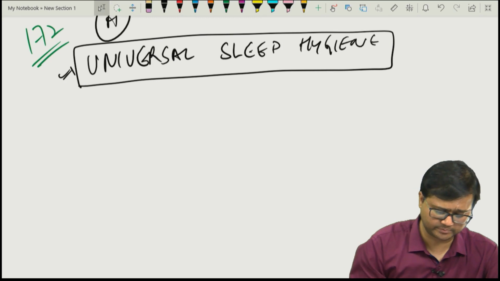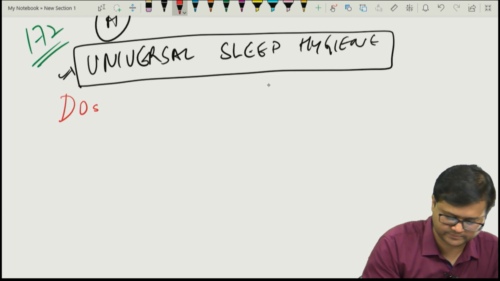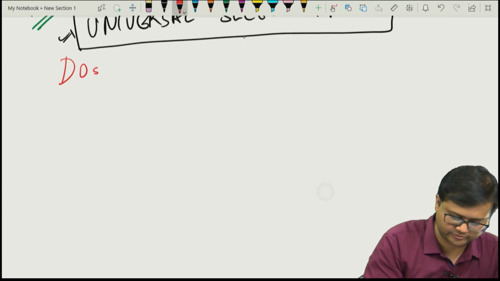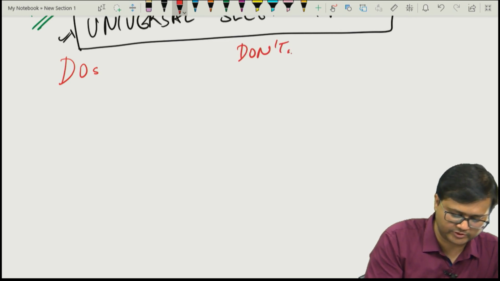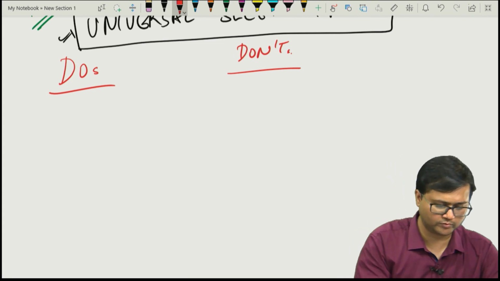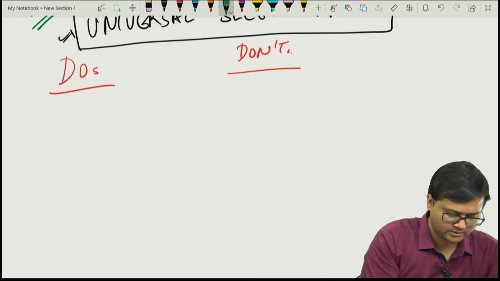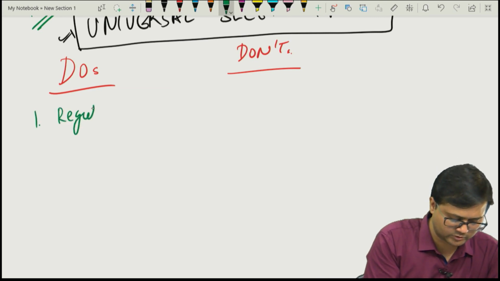So sleep hygiene basically comprises various do's and don'ts, that is things we should do and things we should not do to improve our sleep. So what are the things which are generally advised? So first is the regular hours of sleep.